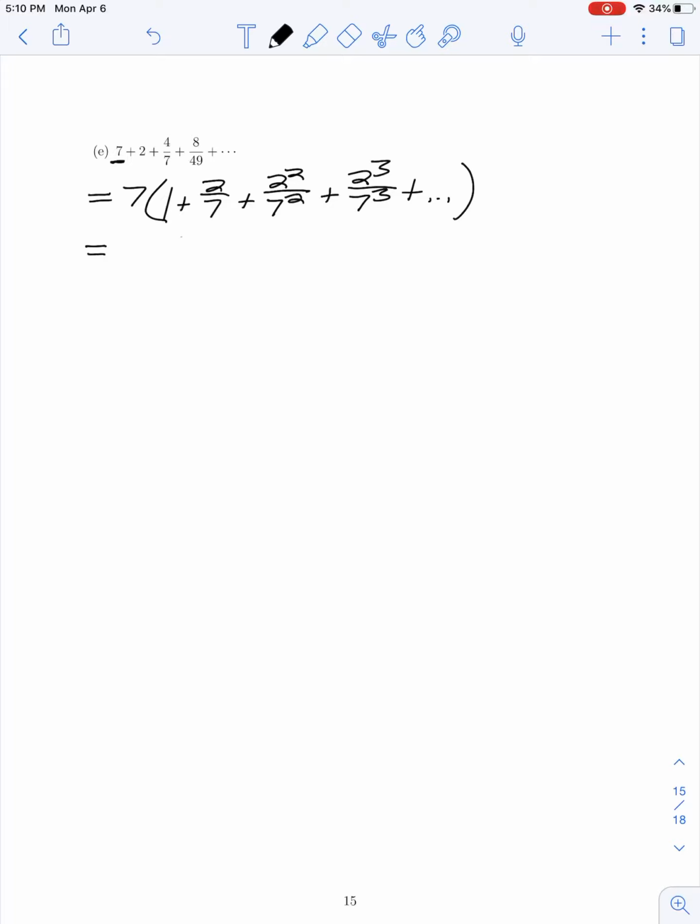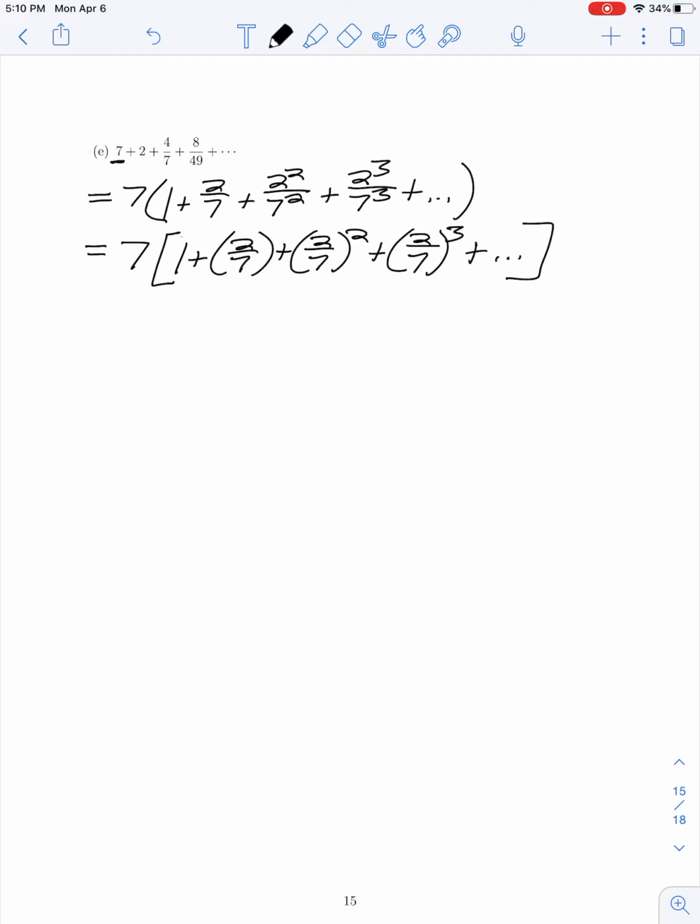So here we would have 7 times (1 plus 2/7 plus (2/7)^2 plus (2/7)^3, and so on).